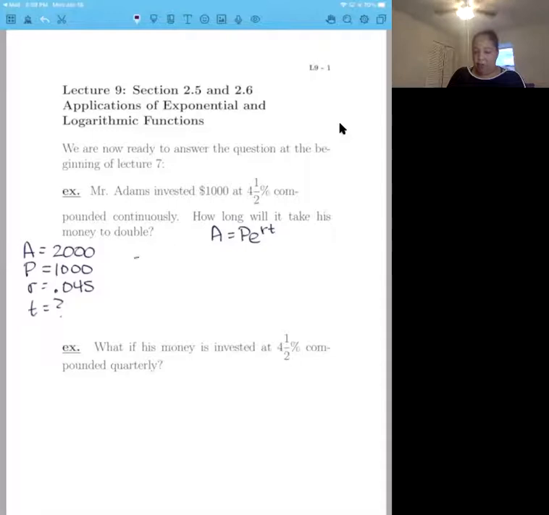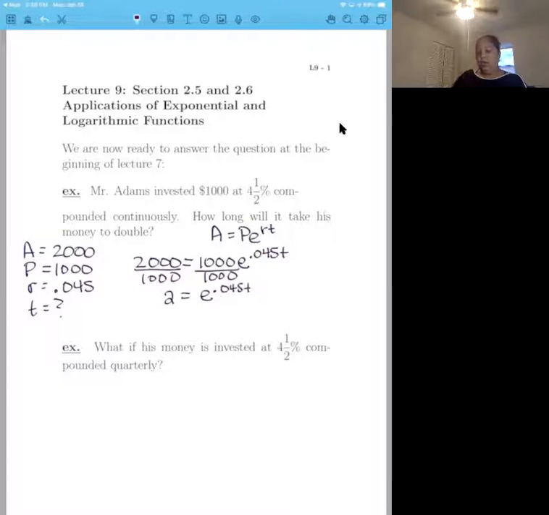All right, so I have 2,000 equals 1,000 e to the 0.045t. The first thing I'm going to do is divide by 1,000, and I get 2 equals e to the 0.045t.